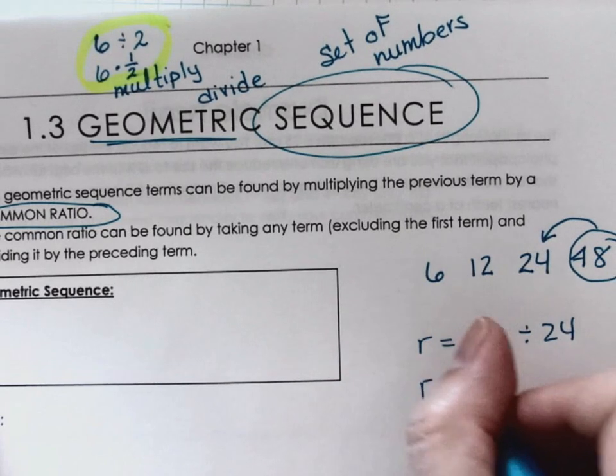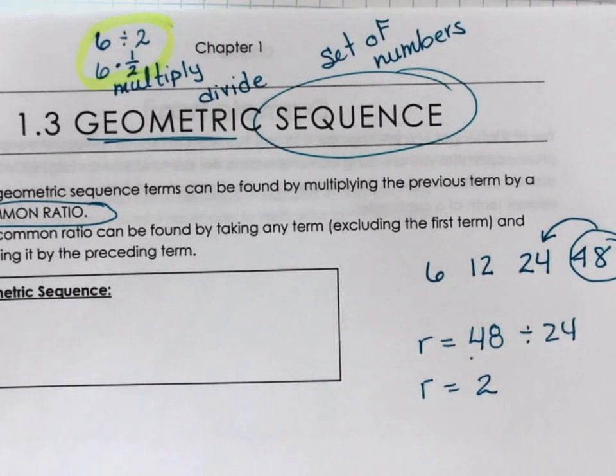My guess is 48 divided by 24 is 6? I don't think so. 48 divided by 24 should give you 2, right? That's how you can calculate what the common ratio is.